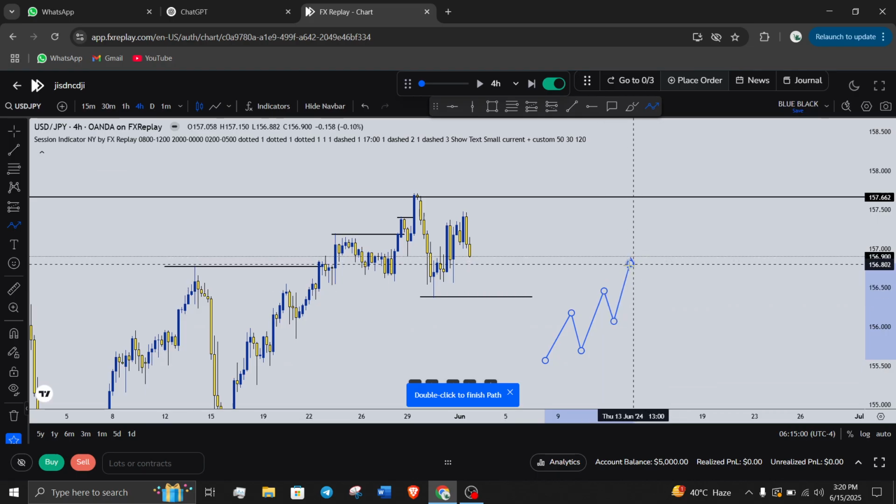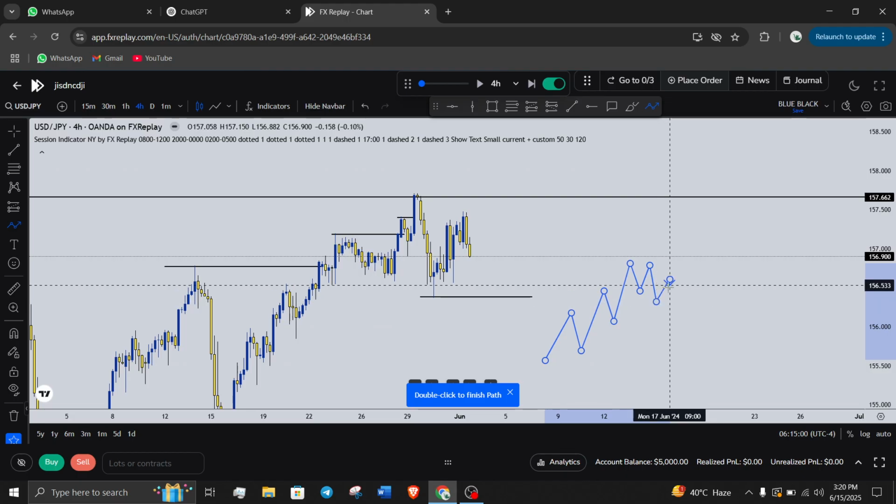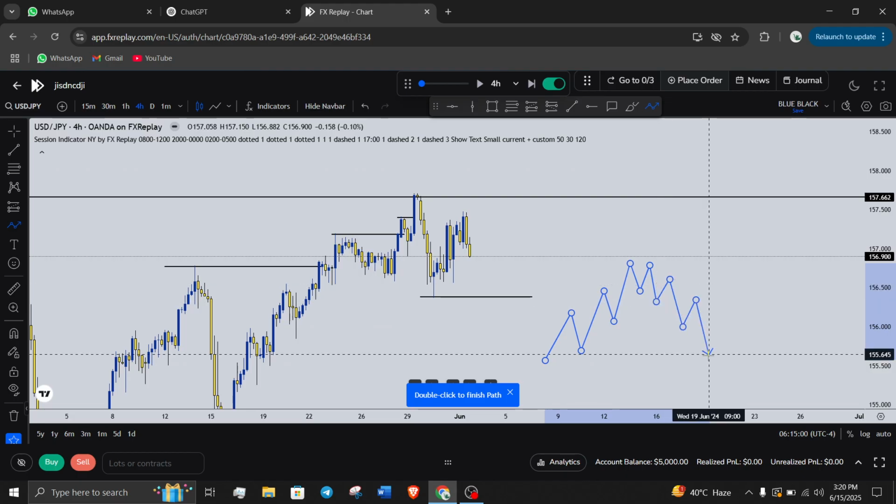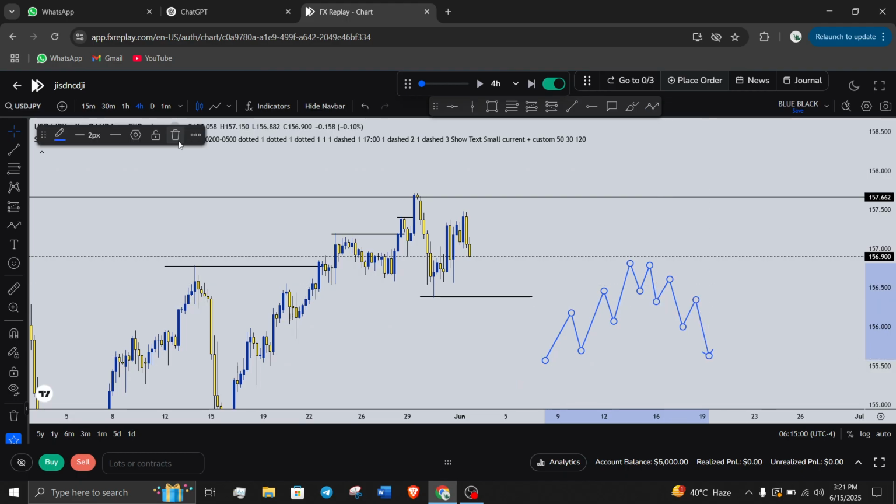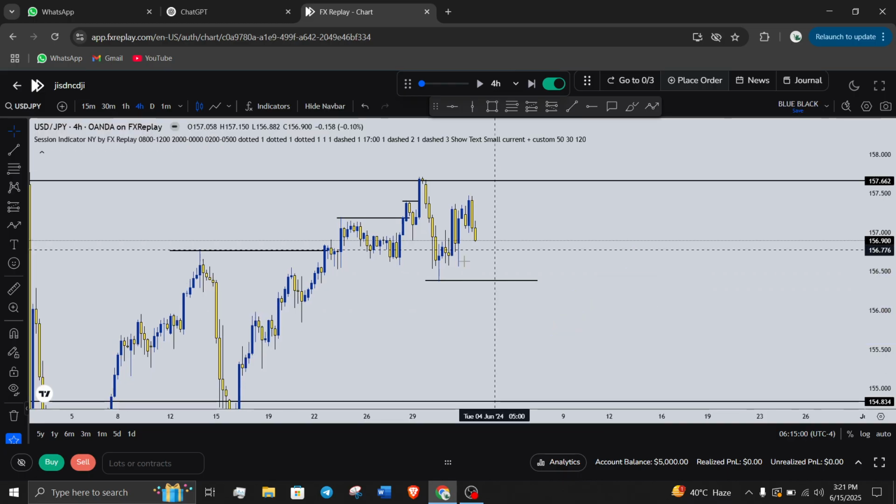At some point, price makes a higher high, a higher low, and it fails to make another higher high or break this point, closes like this, and gives you a change of character. That means the trend is changing and you should look for sells from that point, like this. So right now this is at a place where we cannot trade.